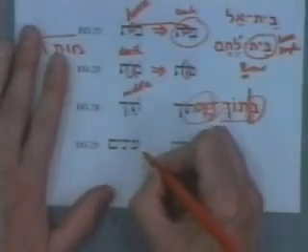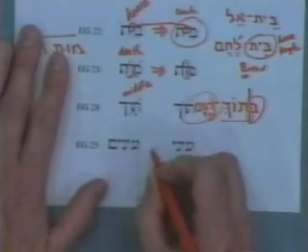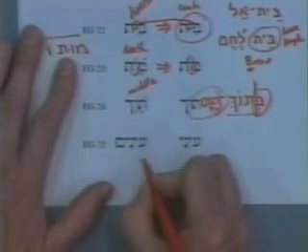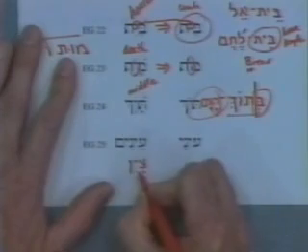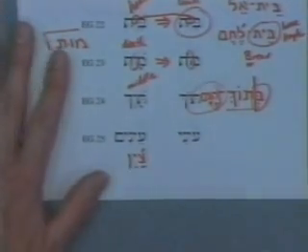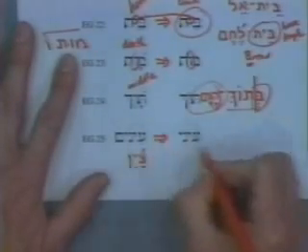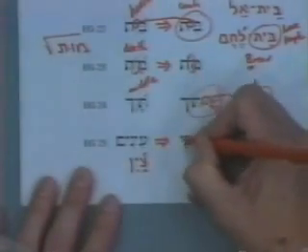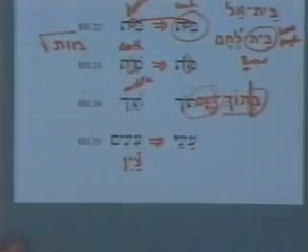Here's one. Einayim is the plural of ayin. It's already irregular, going from singular to plural. Ayin, einayim. The construct of einayim is einey. And that actually makes some sense because you just see your plural ending. I wanted you to look at this.